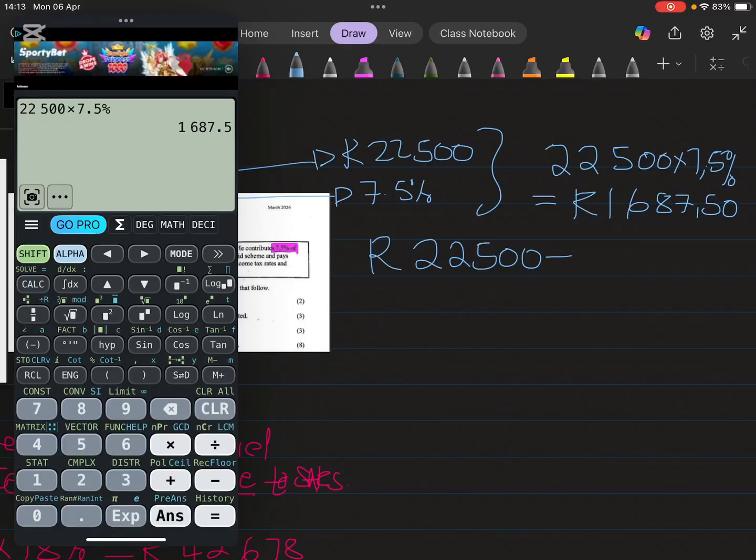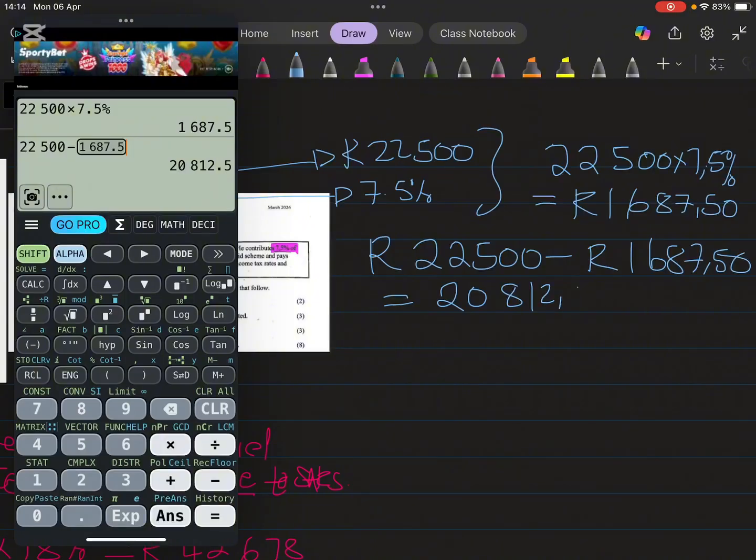22,500 subtract 1,687.50. Then this amount of money will be 20,812.50.